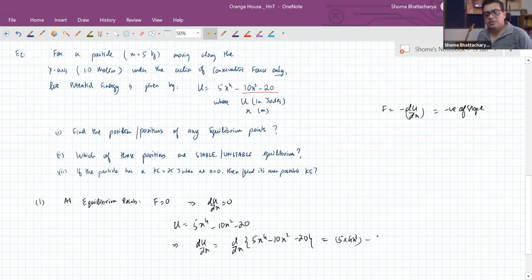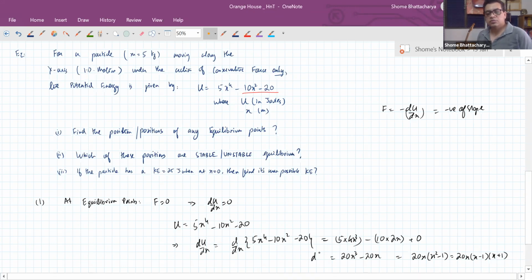Then minus 10 into derivative of x square, that will be 2x. And then derivative of minus 20 is 0. So the derivative becomes 20x cube minus 20x, or you can write that as 20x into (x minus 1)(x plus 1). Okay, so this is your du by dx.